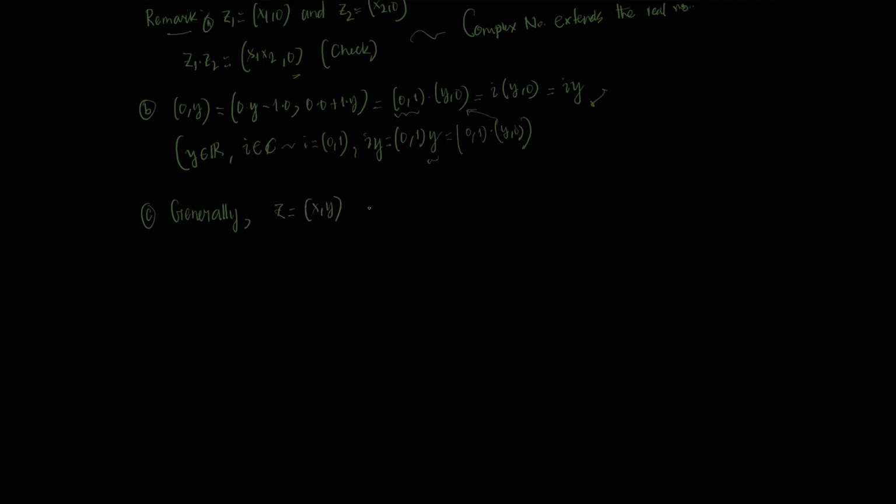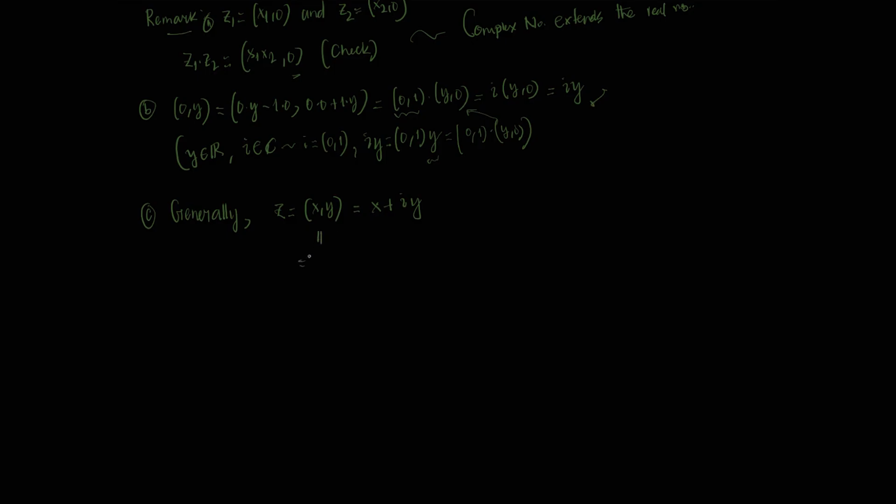Clear? Now, you can also write it as x plus i times y. Because i times y we already talked about, it is (0, y).